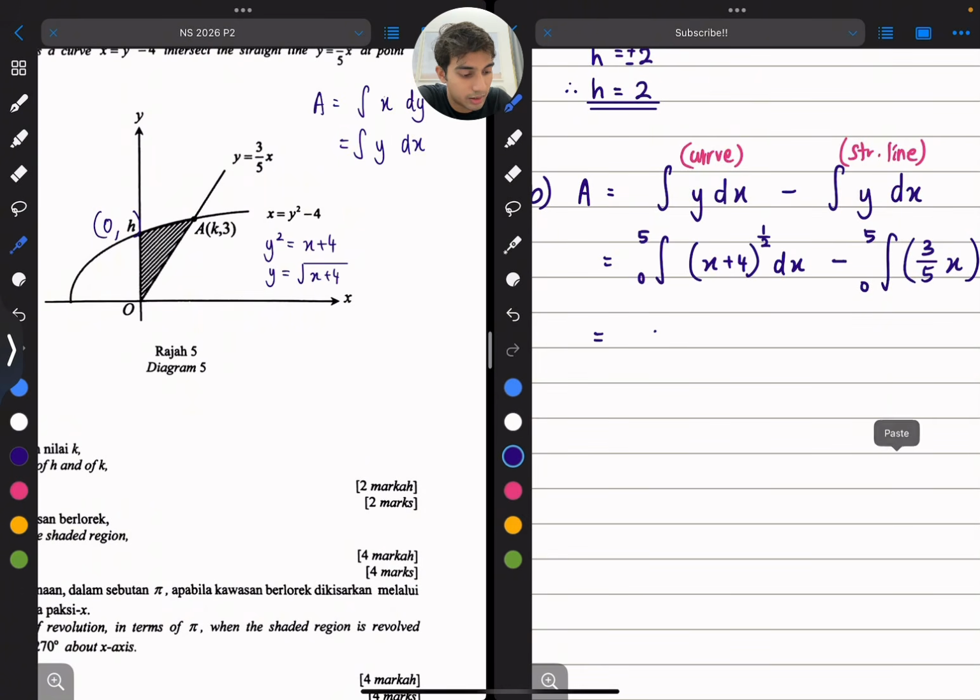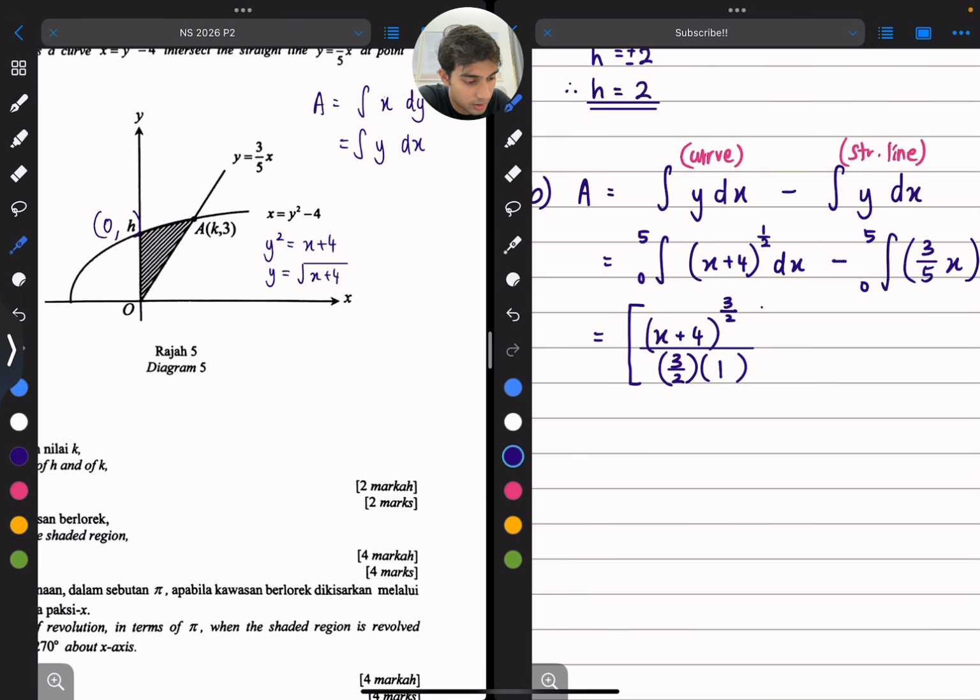Now we can easily integrate. Integrate means you add 1 to the power. So 1 over 2 plus 1 is 3 over 2. And then the denominator you divide by the power. And then you must times the first derivative of the inside. That means you differentiate inside here. 1x will just give us 1.